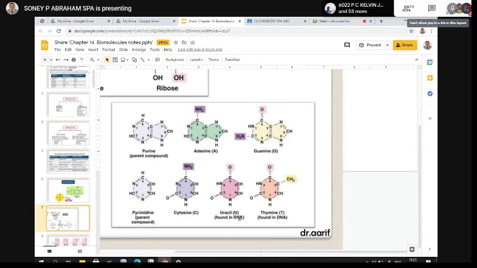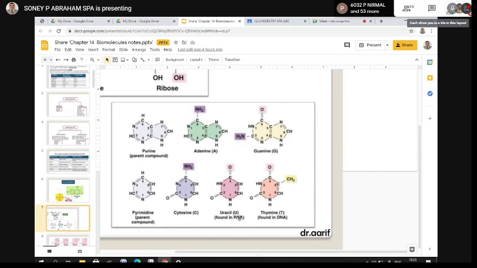If it is DNA, it will be A, G, C, T: adenine, guanine, cytosine, and thymine. And if it is RNA, it will be A, G, C, U. Understood? So that is the second difference.